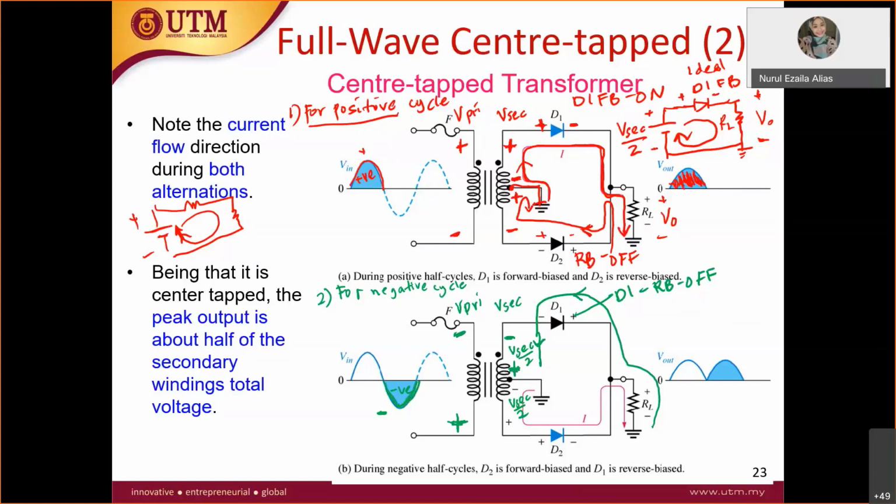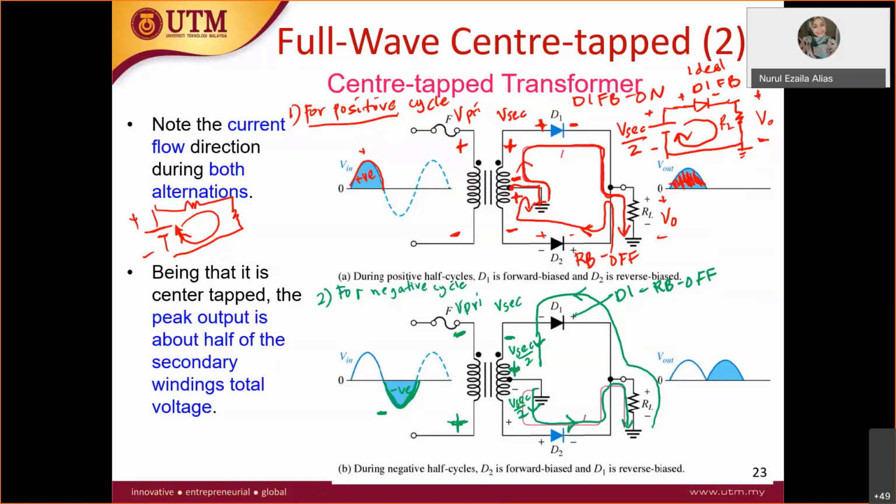Your first option to use D1 seems to fail, reverse bias. But you have another option, which is D2. In D2, current always goes from negative to plus, so it will flow in this direction to the V out. Now current is going into your anode.